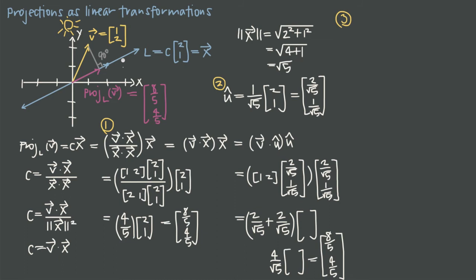First of all, in order for the projection to be expressed as a linear transformation, that projection has to be closed under addition and closed under scalar multiplication. And it turns out that those two things are always true.